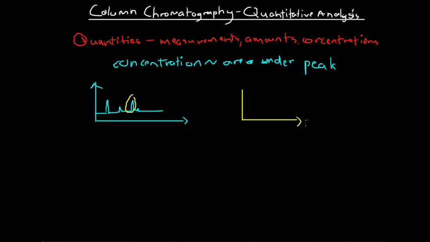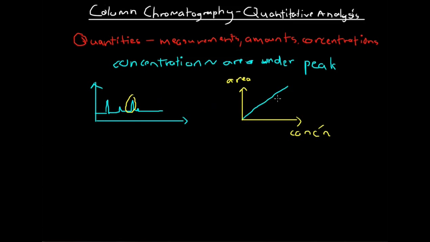If we could somehow get a graph of concentration versus the area under the peak. Now this graph, because they're directly proportional, should be a pretty straight line like this. So that's a straight line there. It's a directly proportional relationship.